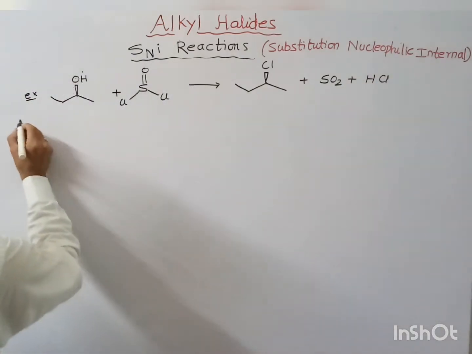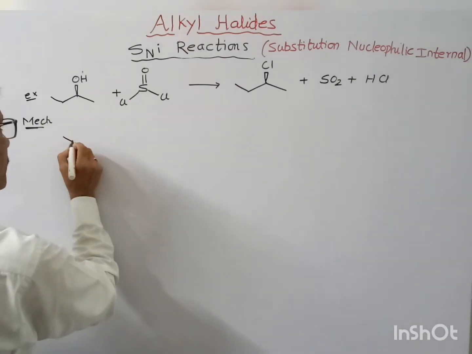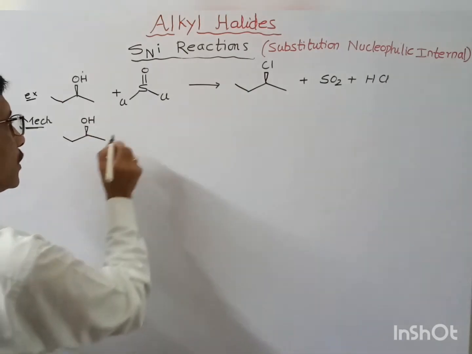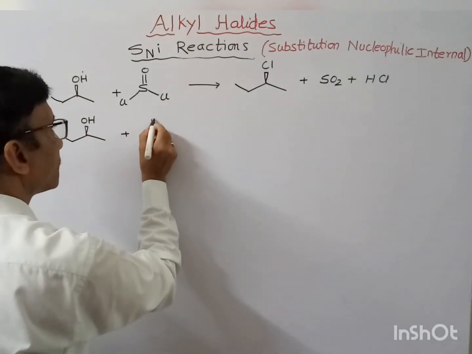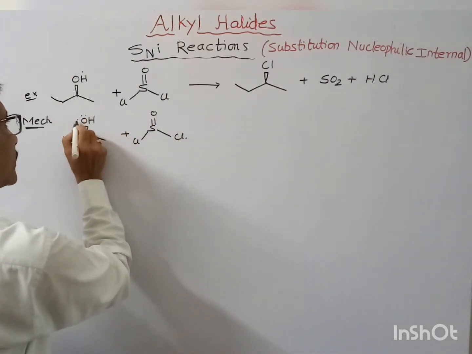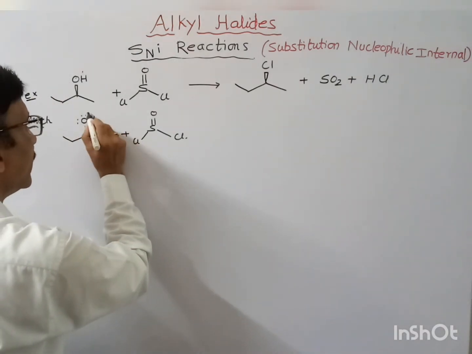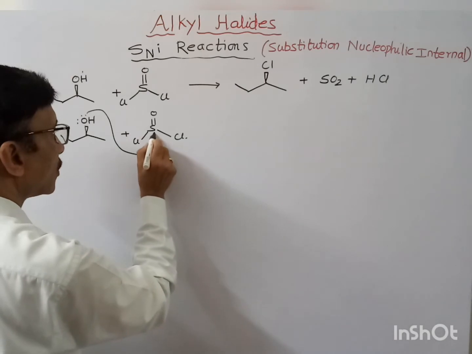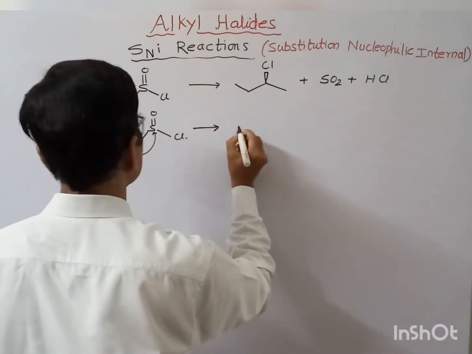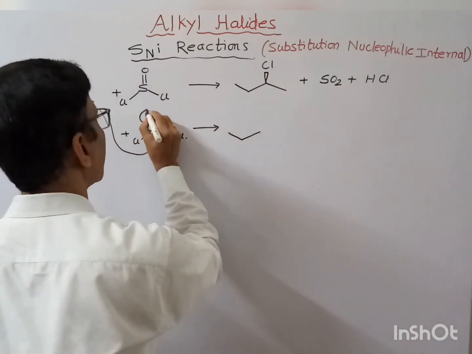Now if we see the mechanism for this reaction, we have the secondary alcohol, and this in presence of thionyl chloride. So the lone pair of electrons present over the oxygen atom will go into the empty orbital of this sulfur, and we will get the intermediate.